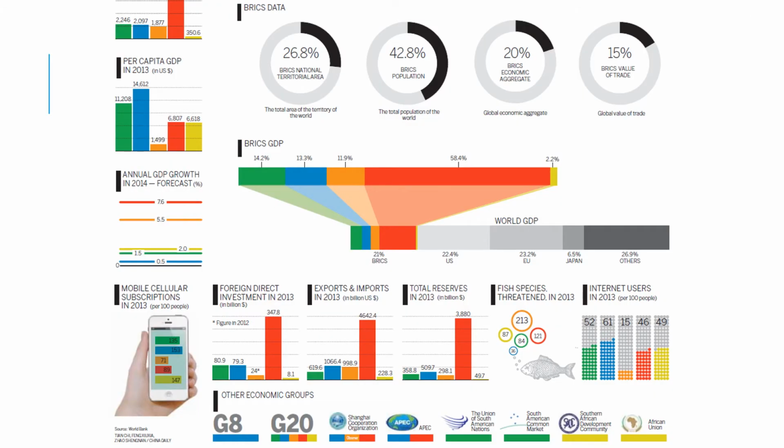Some more stats to back up their importance. Again, we've got the breakdown of GDP in the middle here. It's interesting to look at the fact that they account for a large proportion of all the products traded around the world. Some significant figures down here in terms of foreign direct investment, so lots of foreign companies investing in these markets.